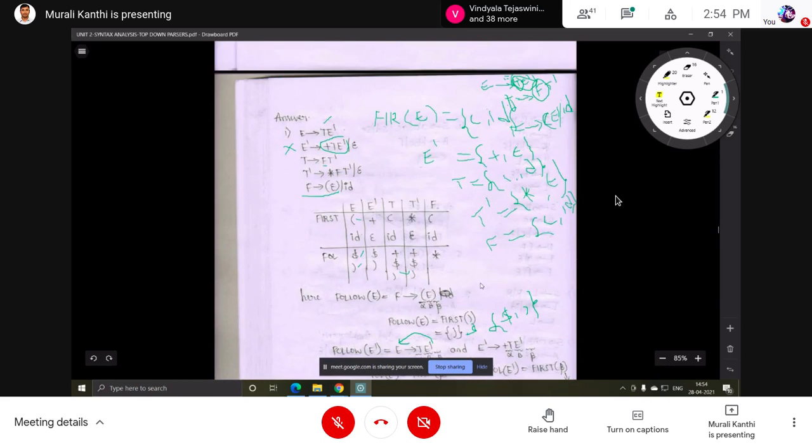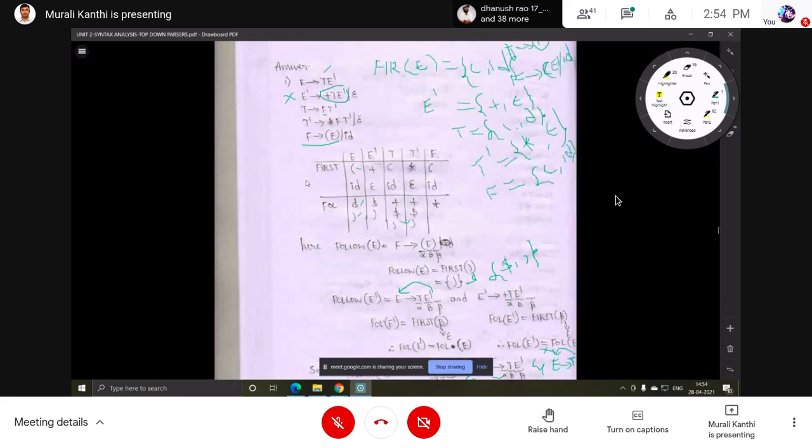Okay, so next, which one is completed now? T is completed. So T dash. So T dash also same thing. In the T dash, how many? This one and this one. In this case also same thing. We will get this production, and T dash implies epsilon. This is used for the substitution purpose.